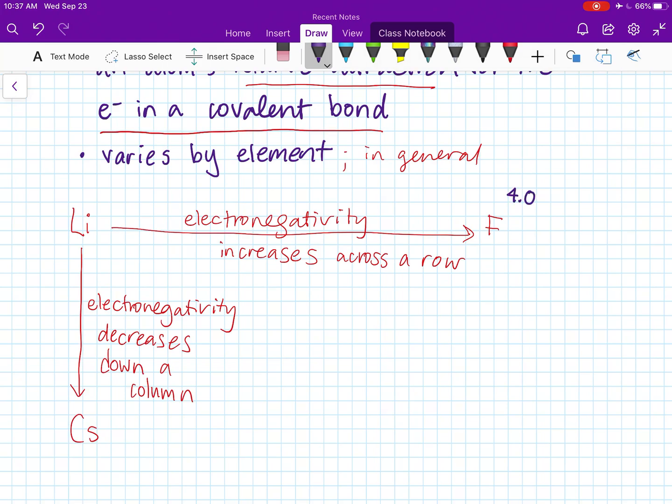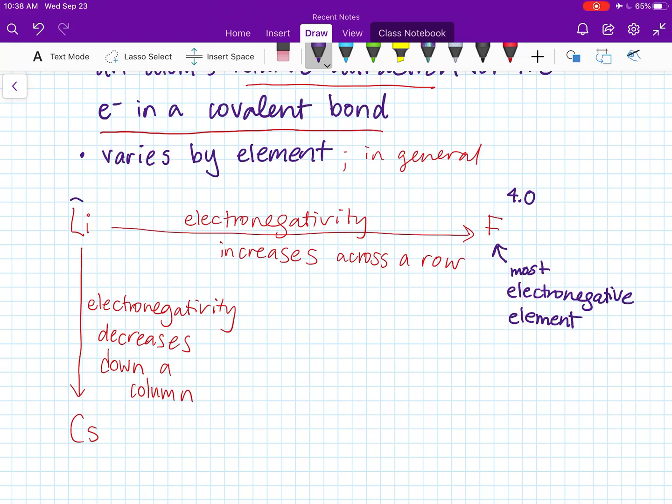Fluorine is the most electronegative element on the periodic table. Notice I'm not including the noble gases here because noble gases don't form covalent bonds. So we're stopping with the halogens. Fluorine has a Pauling value of 4.0. It's the most electronegative element on the periodic table.